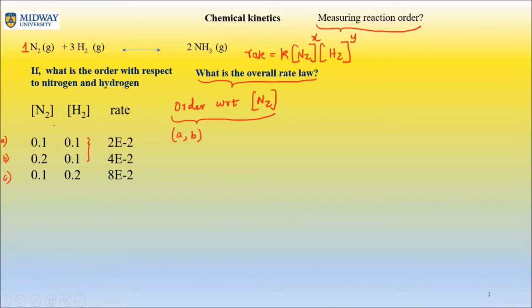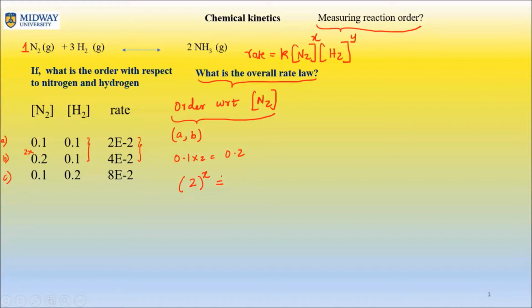And what happens to N2? The concentration is doubled, isn't it? 0.1 times 2 will give you 0.2. So the concentration is doubled. So write the 2, because it's doubled, and write the x on top of it, because that's what we're trying to solve, equals what happens to the rate when you double. What happens to the rate? That's also doubled, right?